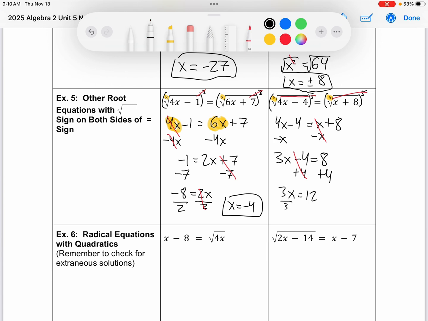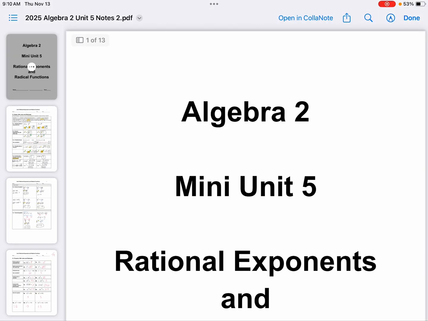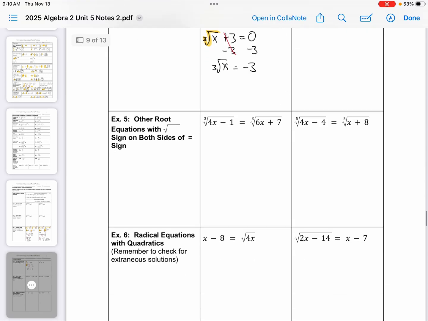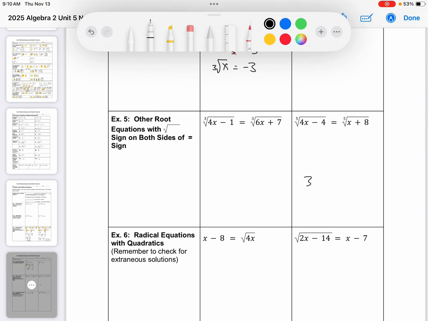We then divide by 3 in order to cancel out with the coefficient of 3, and that gives me x equals, once it saves. Well, looks like it reset itself once again, but we had 3x equals 12 divided by 3, and that gives me x equals 4.